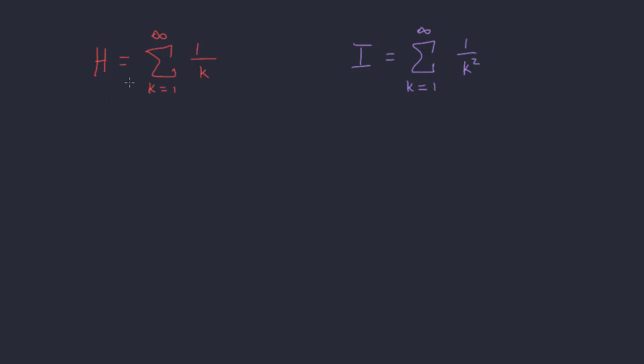Okay, now the important thing about this is looking at those inconclusive cases. So for example, if we are looking at two series that we already know how they behave, for example, this is a harmonic series, which is a divergent p-series. And let's say we also look at I here, which is the convergent p-series, 1 over k squared. And we apply the root test to both.